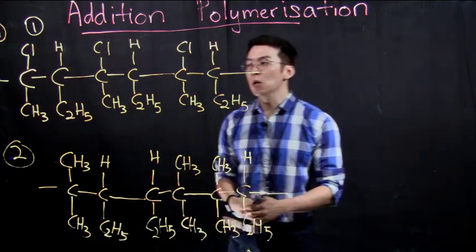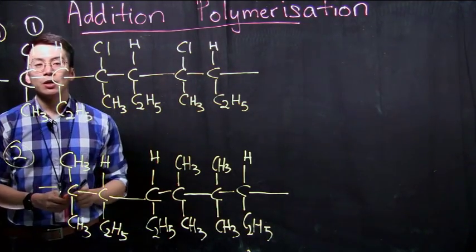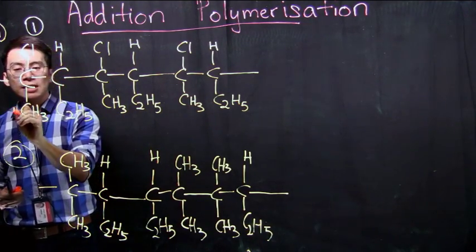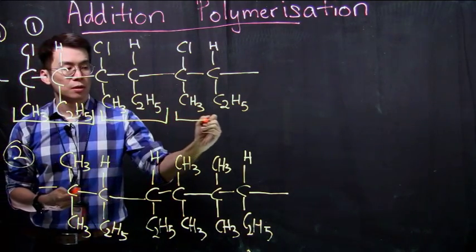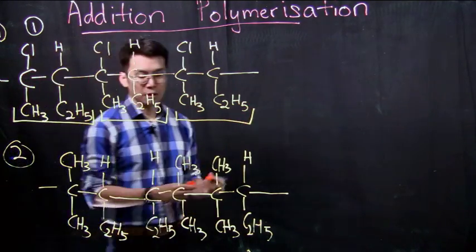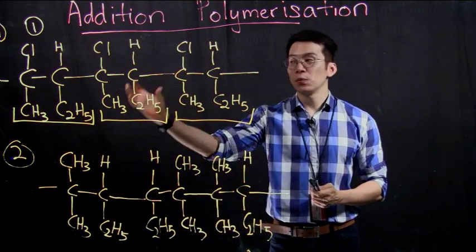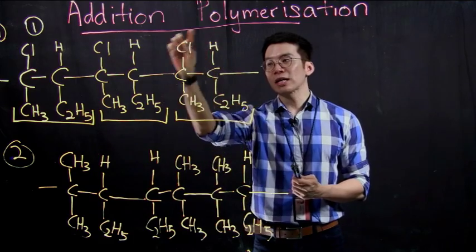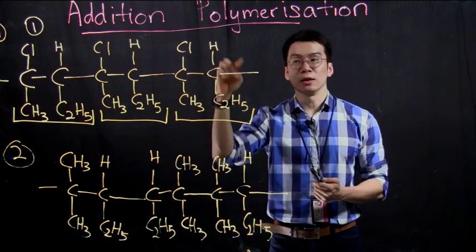So if we look at this molecule on top, you realize that this part to this part keeps repeating. This portion here has repeated 3 times. So we can safely say that this is actually the monomer.